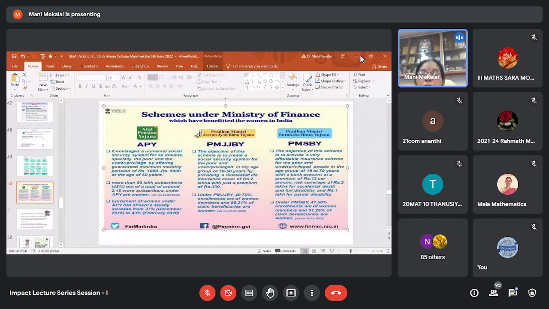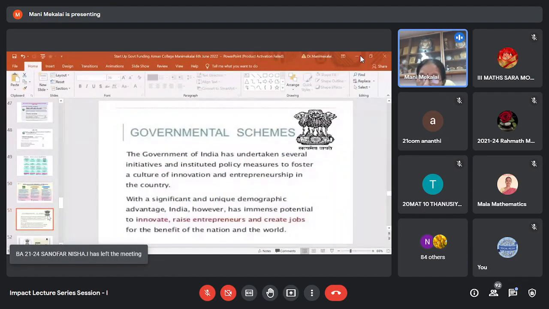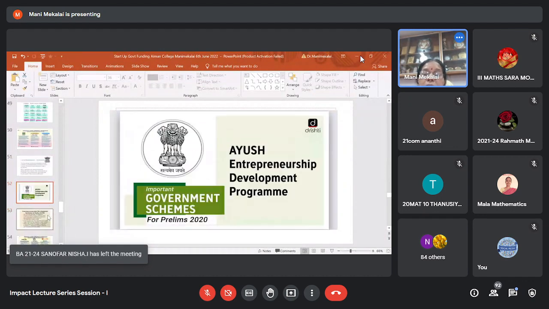Pradhan Mantri Jeevan Jyoti Bima again is to create a social security system for the poor and underprivileged. Then Pradhan Mantri Suraksha Bima Yojana is basically for the poor and underprivileged in the age group of 18 to 70 years. These are the programs being extended.